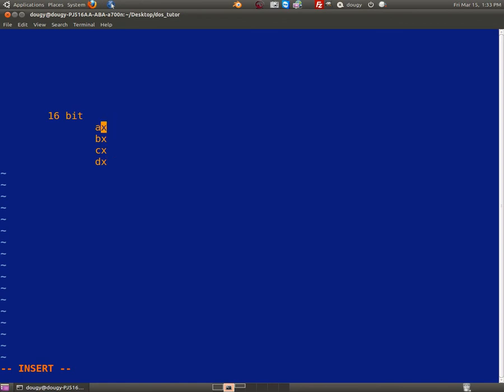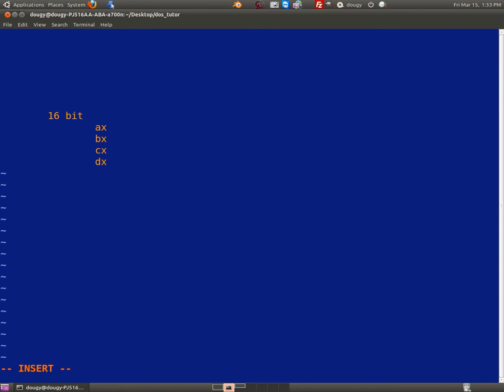Okay? Now, this is one particular place to stick data. One place to stick data. One box. One register. Okay? One register to stick data. Okay? And EAX is also one register to stick data.